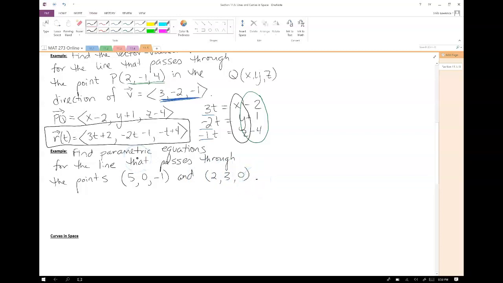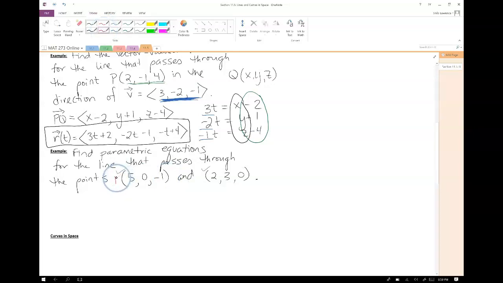So we're given different information this time, but it's still enough information to figure out the parametric equations for the line. The two most basic pieces of information that we need are a point on the line, and we've got 2 of them, so we're all set with that. And then we also need a direction vector, a vector that points in the exact same direction as our line. But since we have 2 points on the line, we can create a vector between those 2 points and use it as our direction vector.